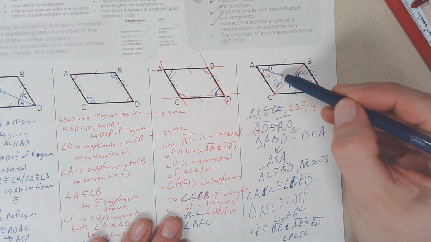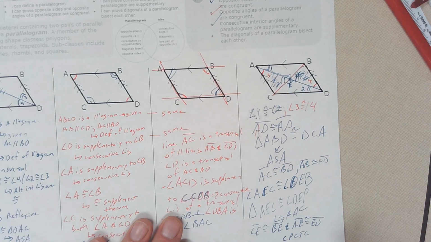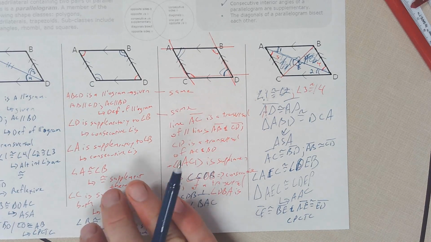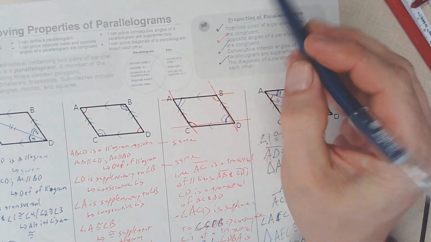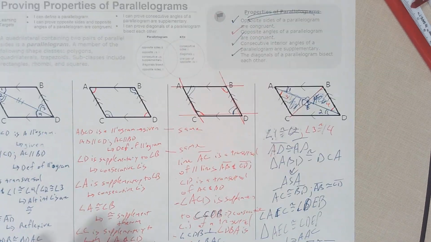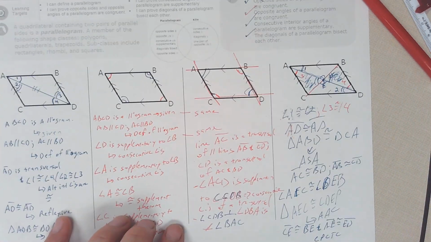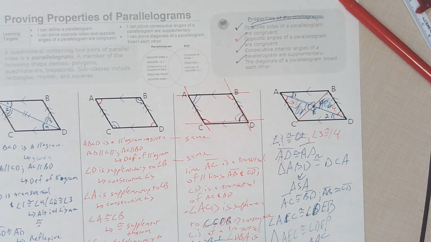Because these are the same line segments of these other two triangles. Okay, so that's how you prove that all of these different properties of these parallelograms are true. Hopefully that helps you memorize or remember these properties of parallelograms.